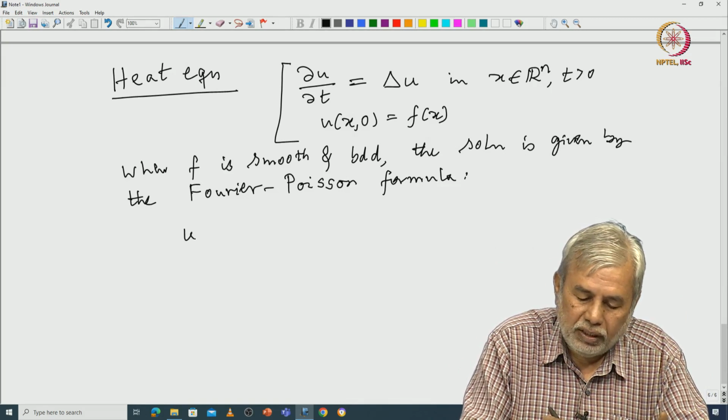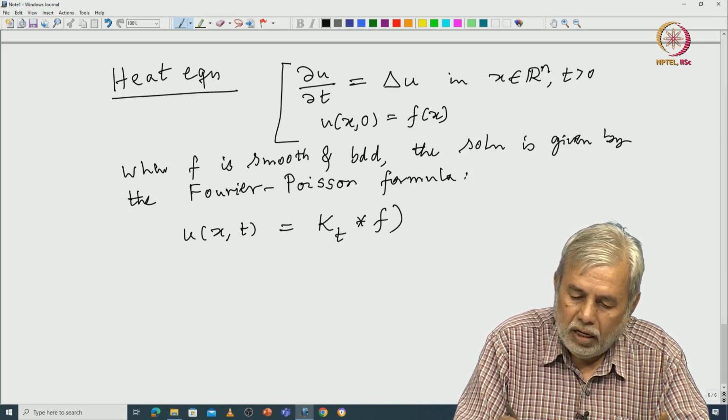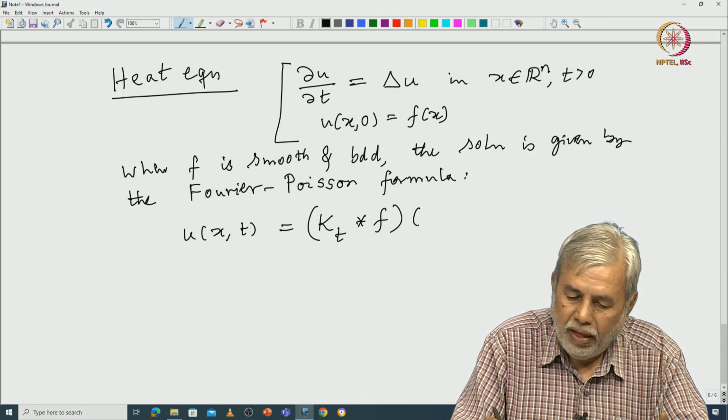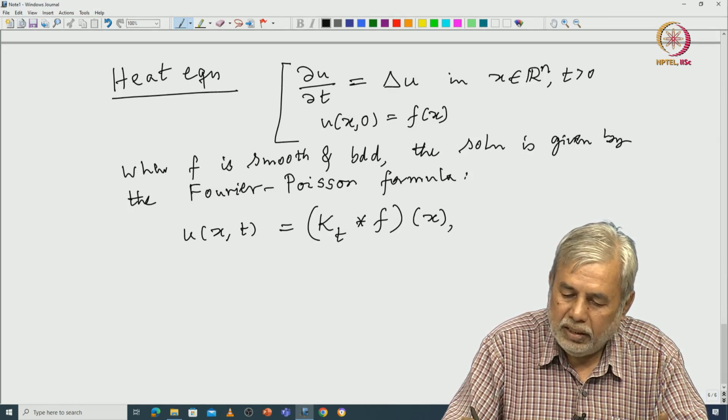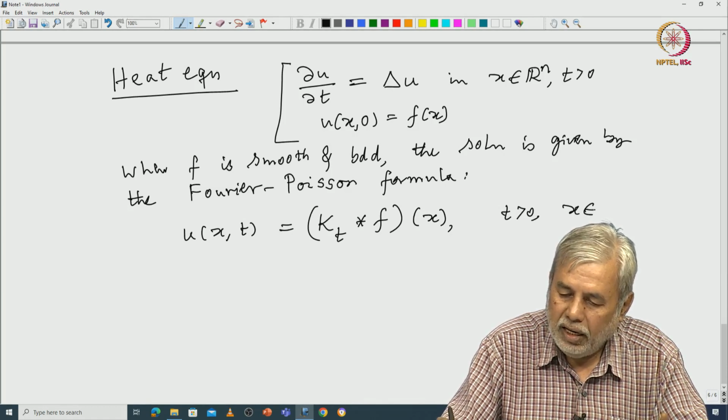So u of x, t is k t convolution with f at x. So this is t positive and x is in Rn.